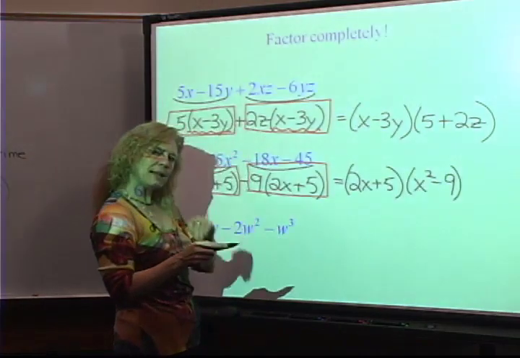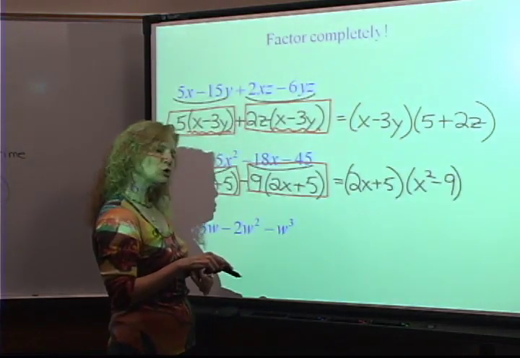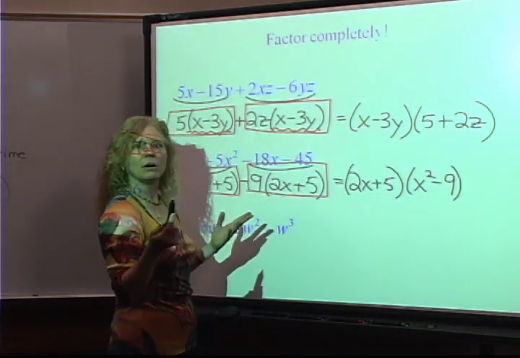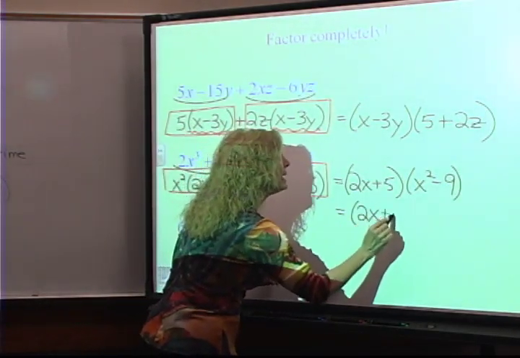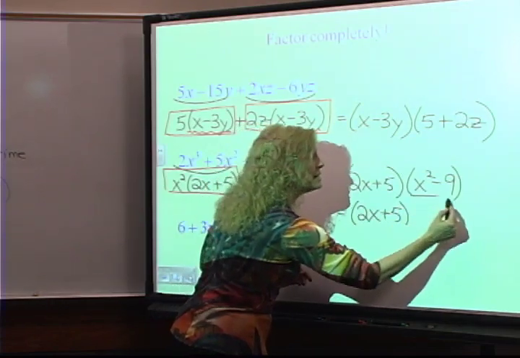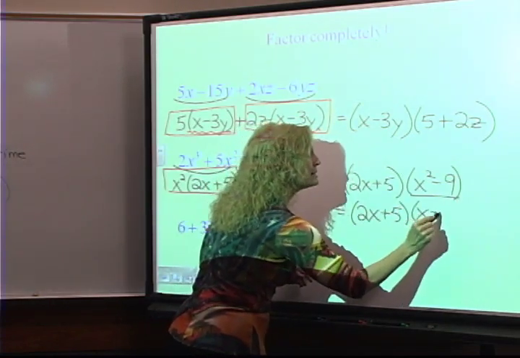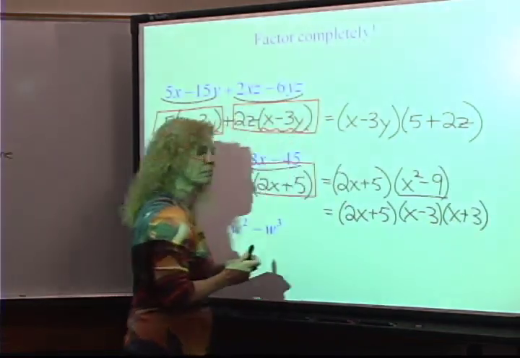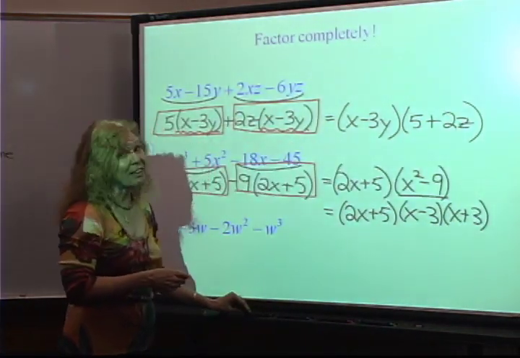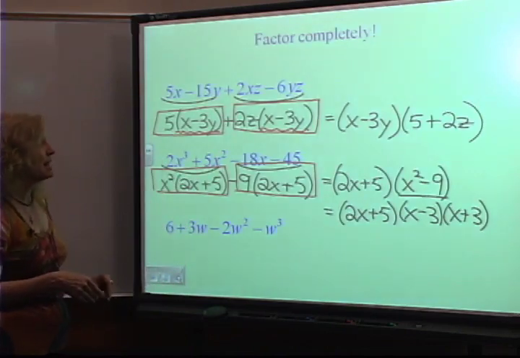And as soon as you write that x squared minus 9, you should realize, oh, that's a difference of squares. So I can factor this down and get x minus 3, x plus 3. Okay? Wow, that's pretty big to factor those cubics.